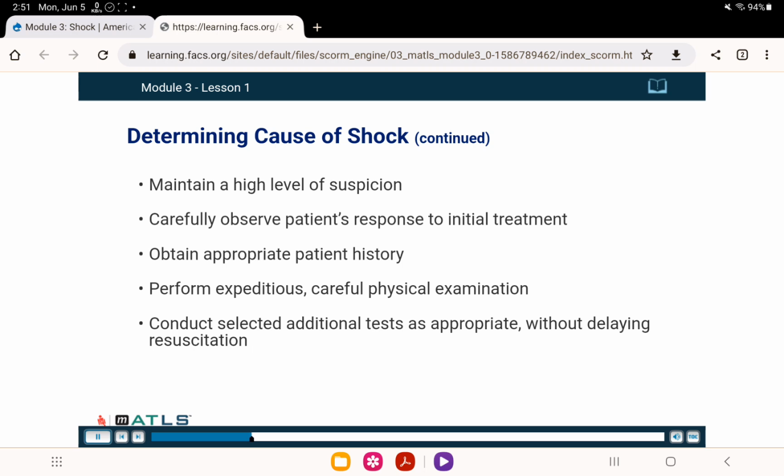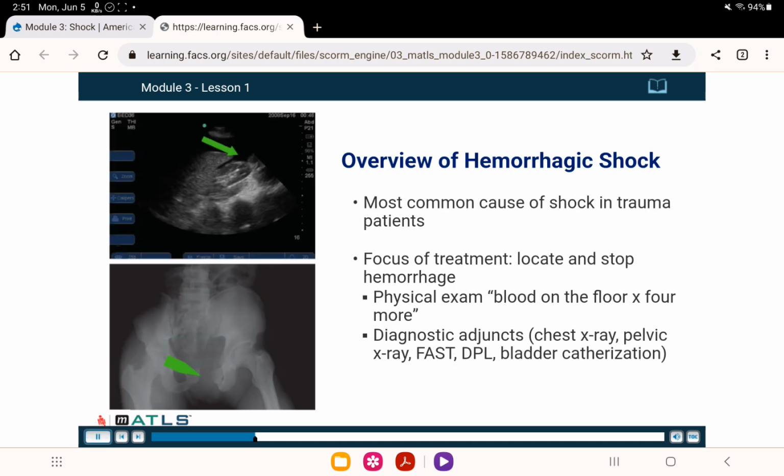Selected additional tests, such as chest and pelvic X-rays and FAST exams, can confirm the cause of shock but should not delay resuscitation. Hemorrhage is the most common cause of shock after injury, and virtually all patients with multiple injuries have some degree of hypovolemia. The focus of treating hemorrhagic shock is to promptly identify and stop hemorrhage.